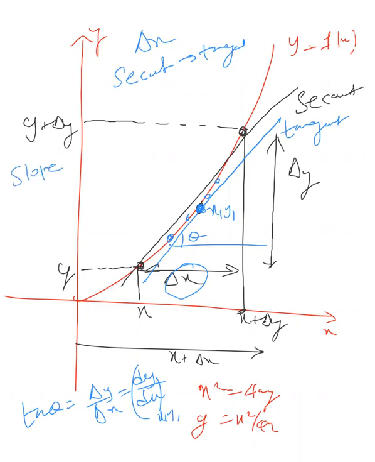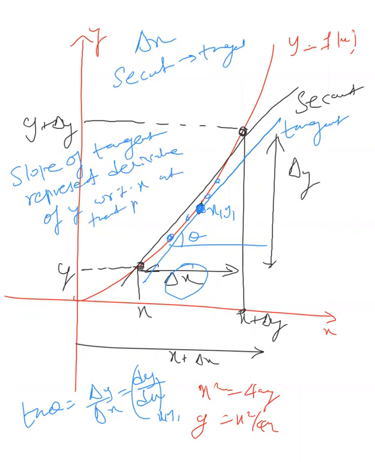I am writing here: the slope of the tangent to the curve at a point represents the derivative of y with respect to x at that point.